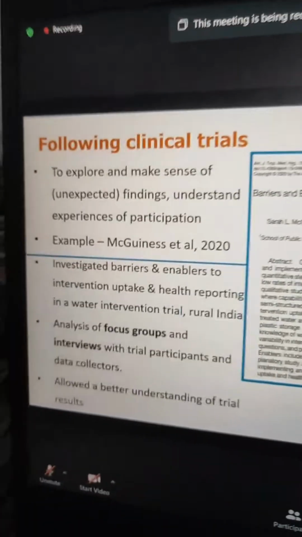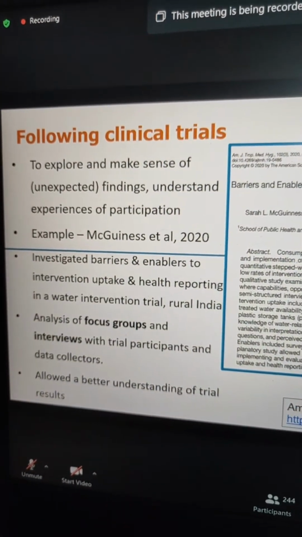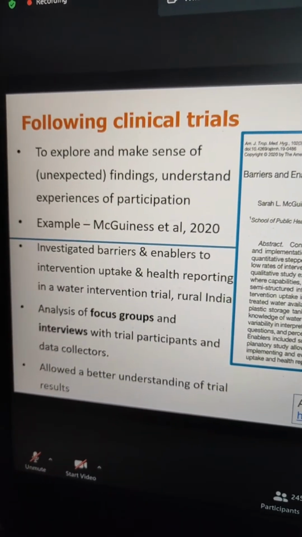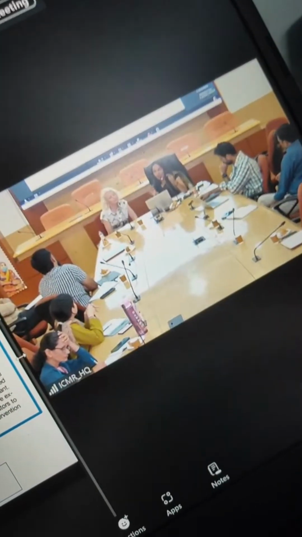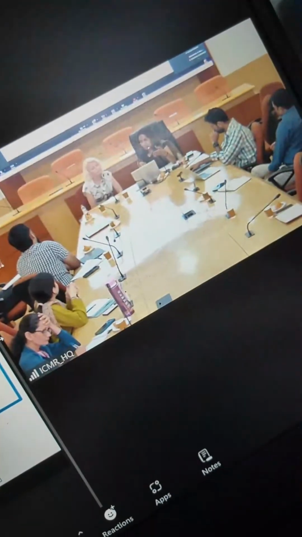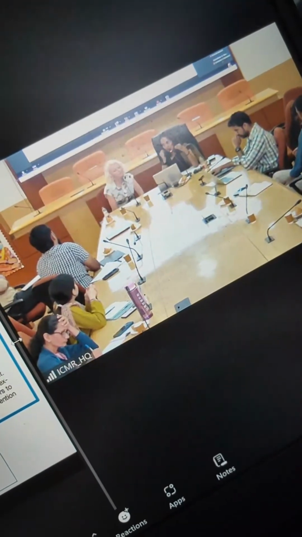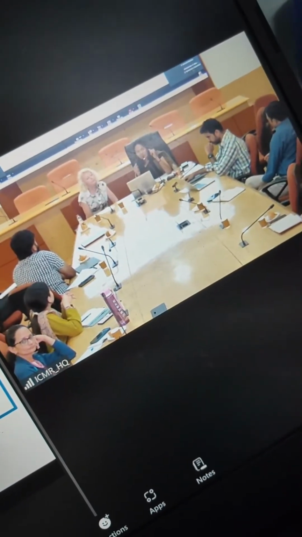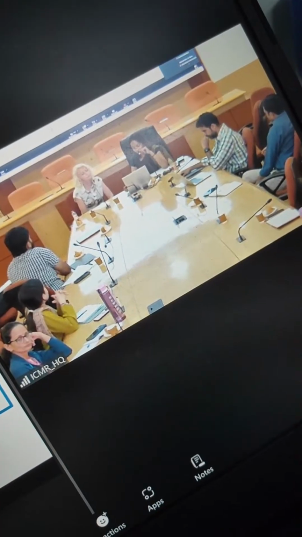And what the qualitative research showed was that people had busy lives, working busy, going for convenience rather than what the trial thought was safe. So they preferred the river, or they didn't like the taste. There were a number of issues that meant they didn't want this intervention that the trial team wanted to have within the trial.